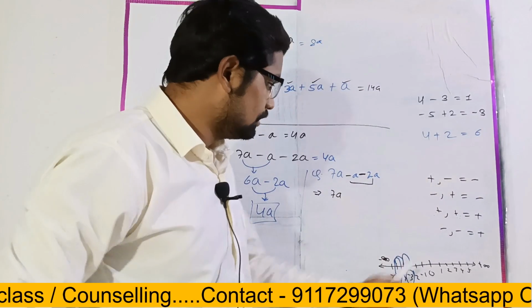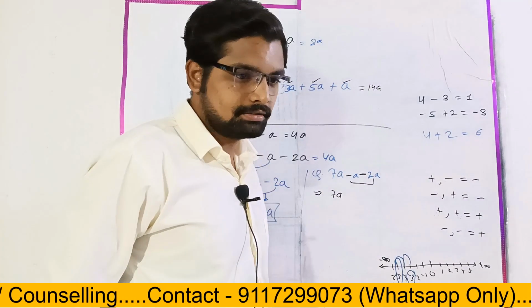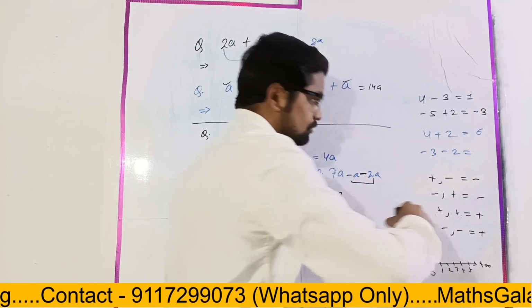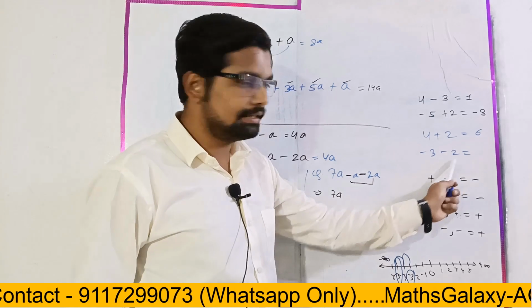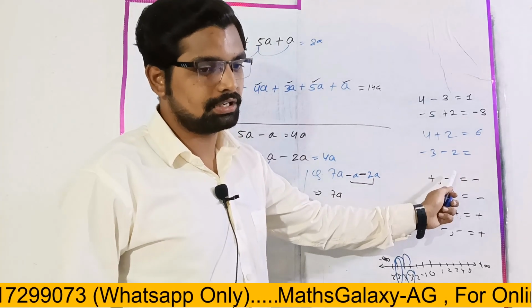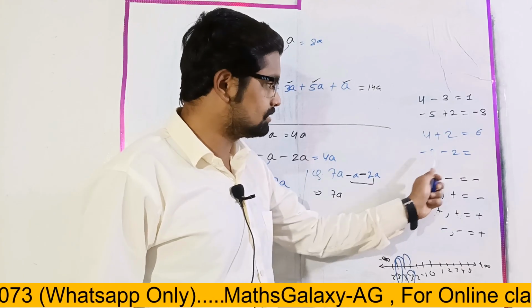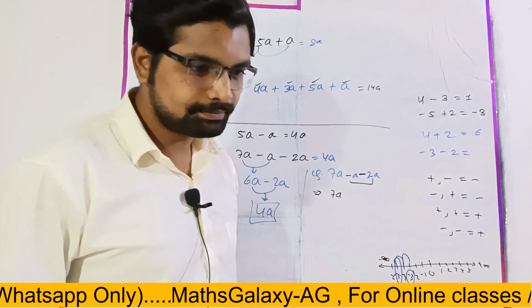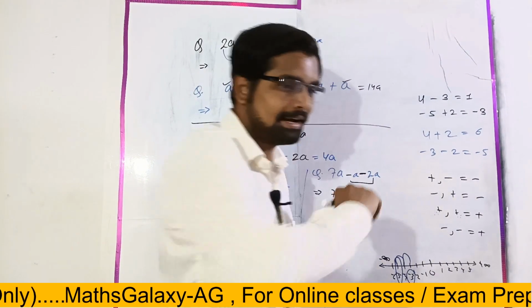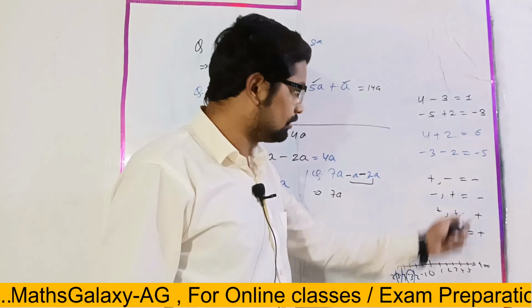That's all. Now let's do minus. If it is -3 - 2, what will you do? You have already learnt this type of expression, I think. -3 - 2 will be -5. Yes, good. -5. Have you already learnt this one?